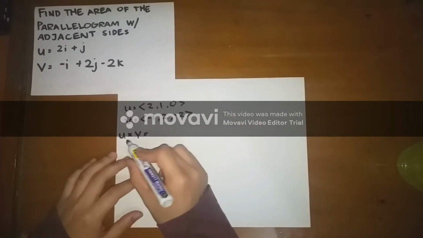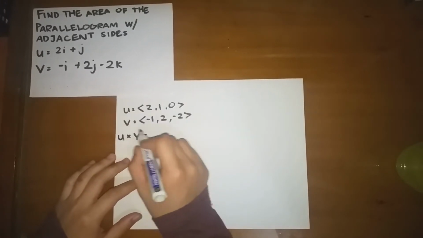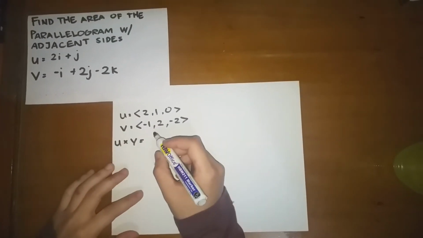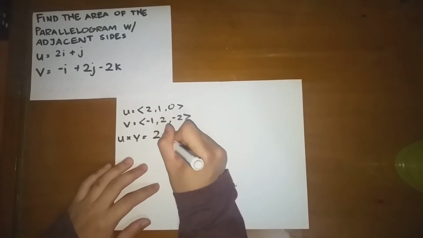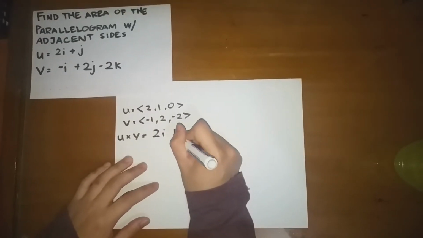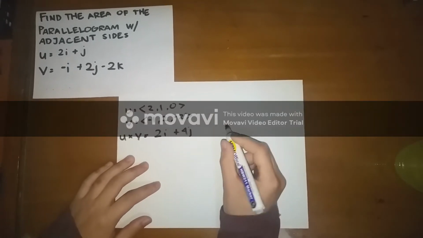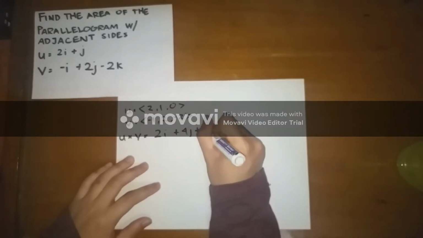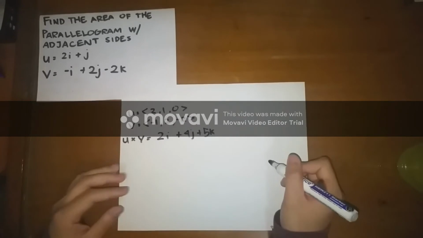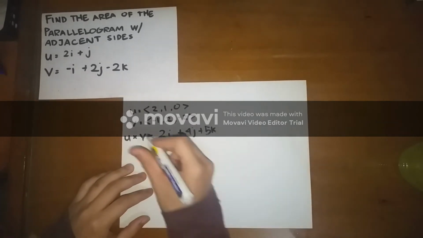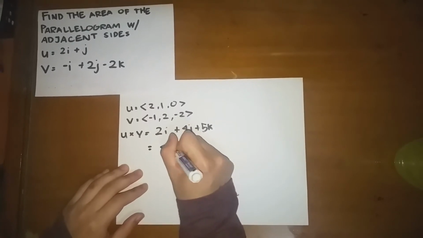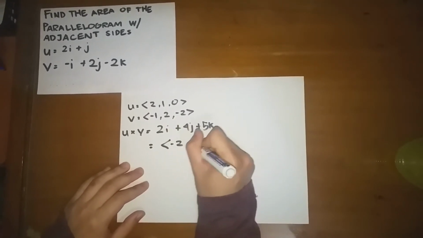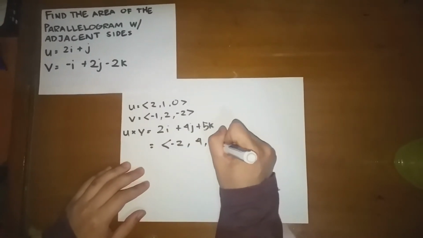So, by finding the cross product of u and v, we find -2i plus 4j plus 5k. We can also write this as a vector -2, 4, 5.